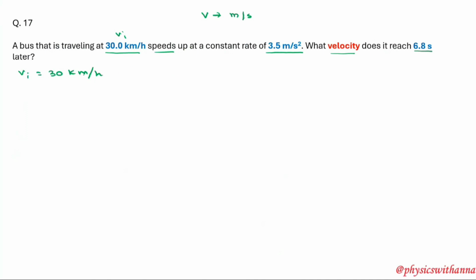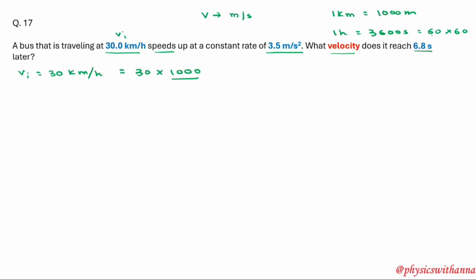So how do we do that? I write 30 times 1 kilometer is equal to 1000 meters. If I want to convert this value to meter per second, I need to convert my kilometer to meter, hour to second. So 1 kilometer is 1000 meters, so I will multiply this with 1000 over 1 hour, which has 3600 seconds, because each hour has 60 minutes, each minute has 60 seconds.